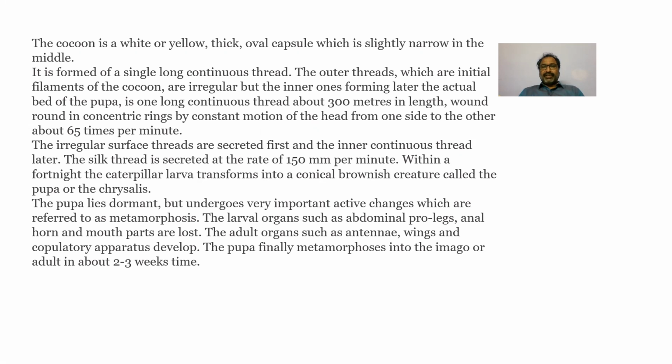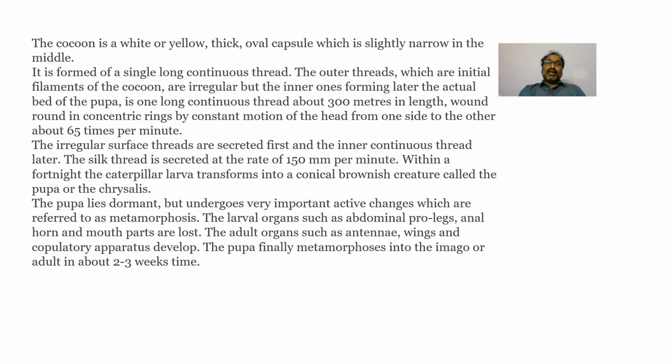The adult itself is called the imago, in 2 to 3 weeks of time. But I told you very clearly, in the pupal stage itself, we will kill the animal so that it does not become an adult. By getting an adult in sericulture, it is of no use.